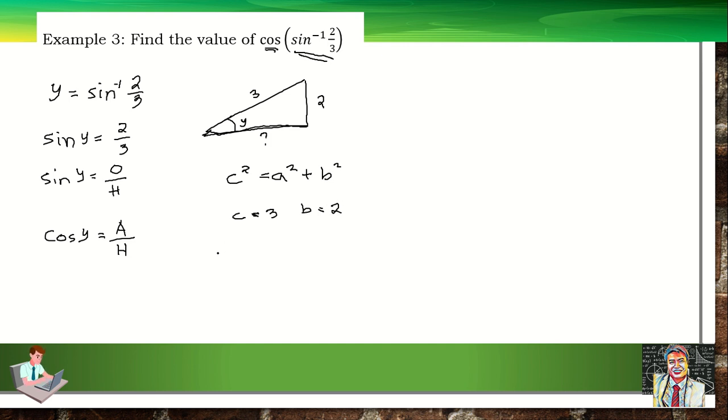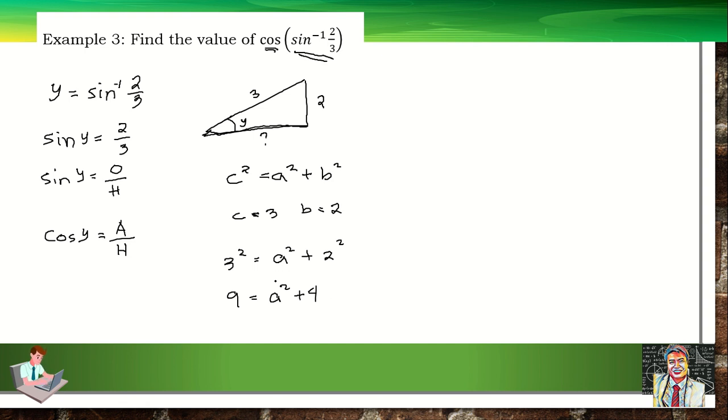So by substitution, 3 squared is equal to a squared, we don't have a value for a, plus 2 squared. So 3 squared, which is 9, is equal to a squared plus 4, right? Wherein, we need a squared only, so we transpose 4. When we transpose, we change the sign, right?